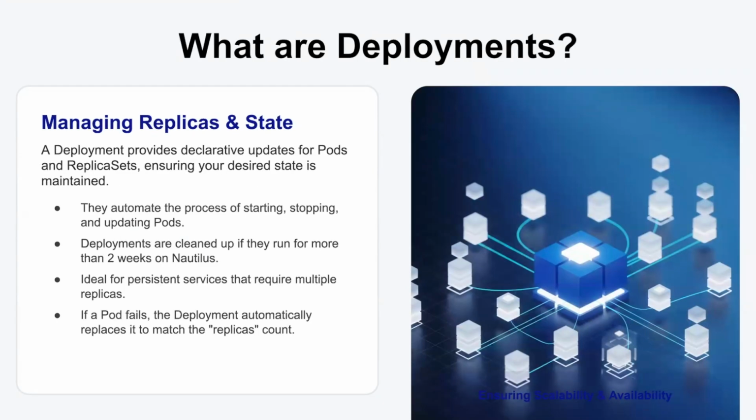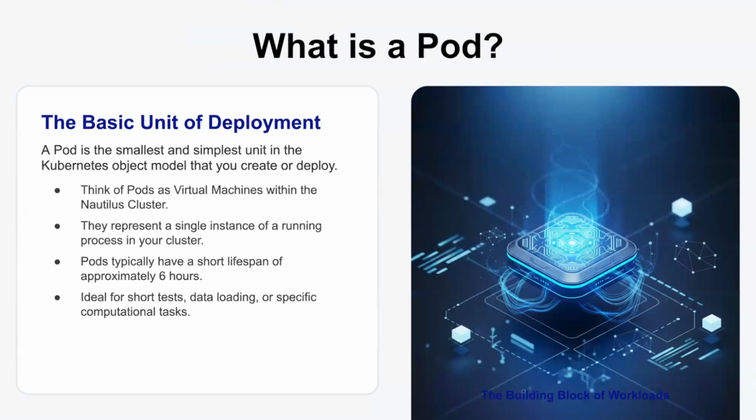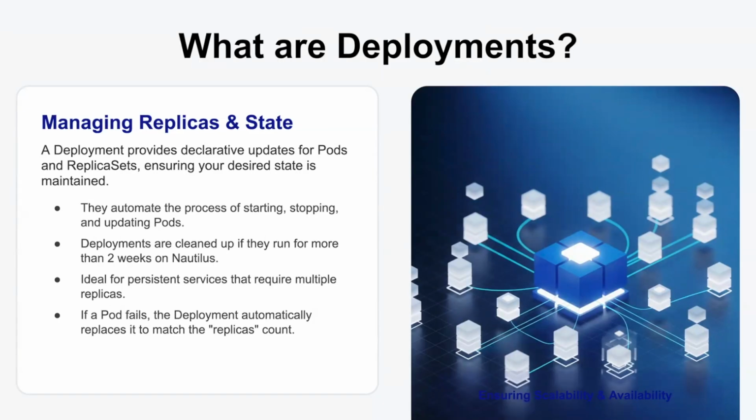So why do you need deployments? Well, deployments replace a pod when it dies. And they also last much longer. Pods are only alive for around 6 hours, and then after 6 hours, Nautilus deletes the pod. But for deployments, the pods can stay on for up to 2 weeks.